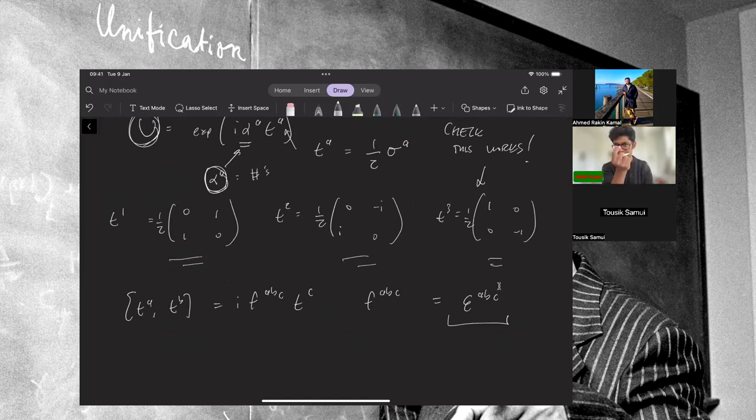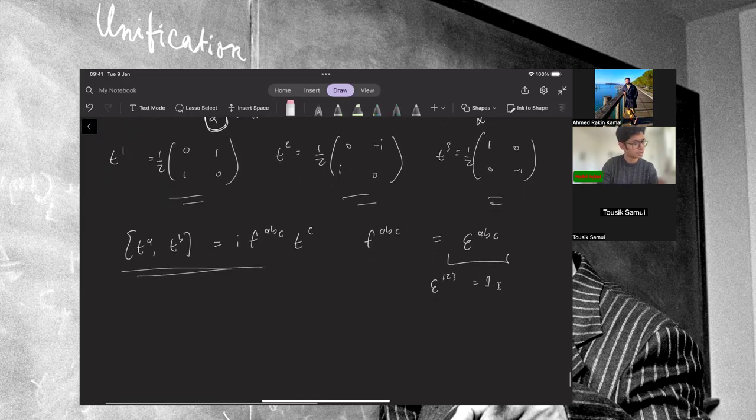Okay, so epsilon is antisymmetric in all the indices, and epsilon^{123} is equal to 1. This is the regular commutation relation of the sigmas. We're not really going to need this for any great thing, but every once in a while I will need it, and so I'm just putting it here.